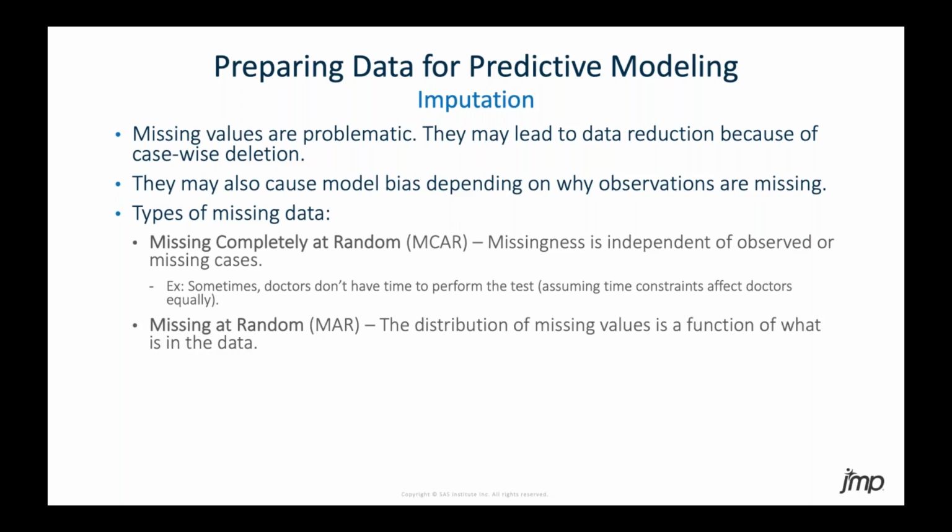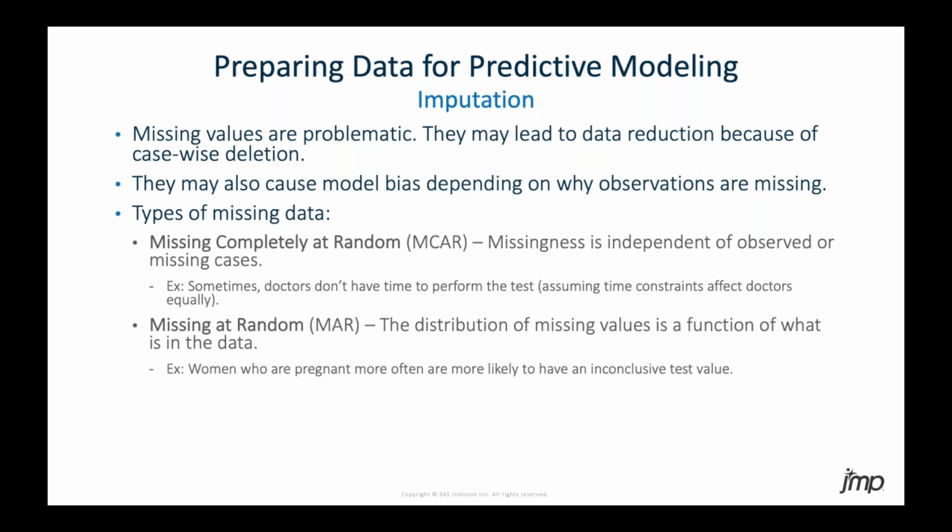The second case is missing at random. This is what probably happens most often with missingness, and that is when the distribution of the missing value is some function of what's in the data. So think of it this way: with missing at random, I can predict the values of the missing observations given what I already have in the data.